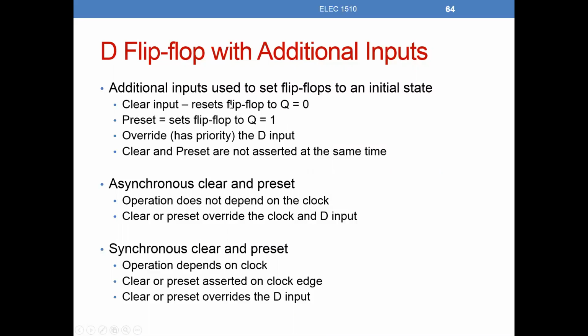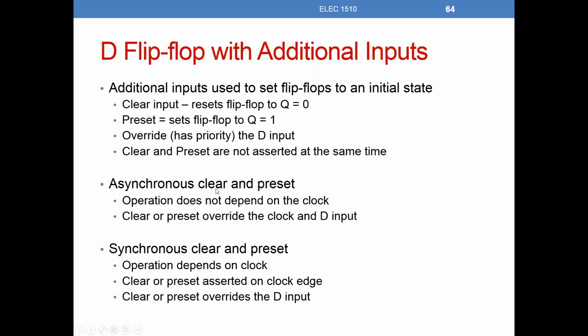So the clear input, its behavior should reset the flip-flop Q right to 0. Preset should set Q to 1. Override has priority, right? So what this means is that the preset and the reset signals are going to override the input. Then they have priority. Anytime we issue a reset or preset, that should take priority over anything coming through on the clock.